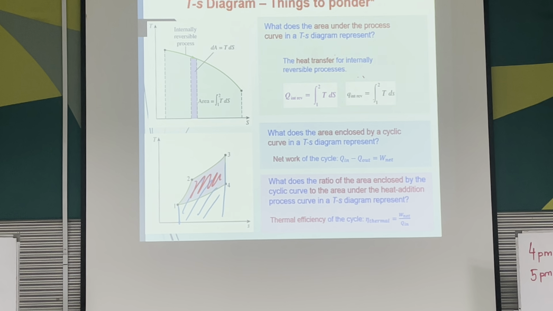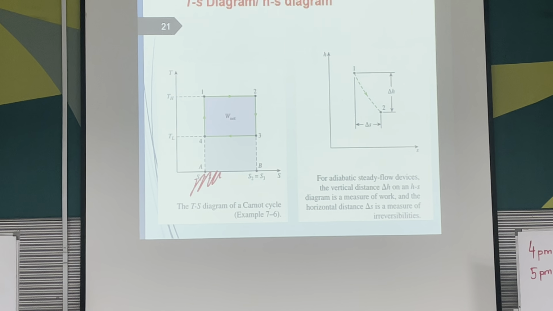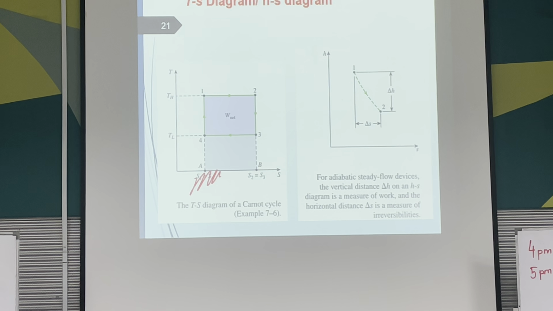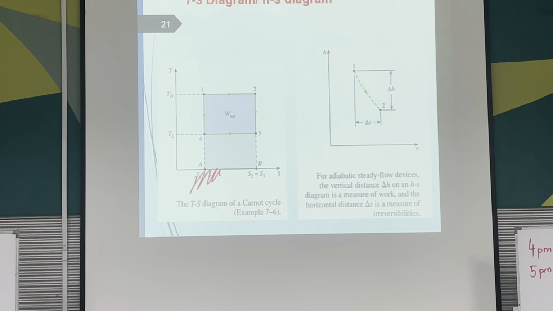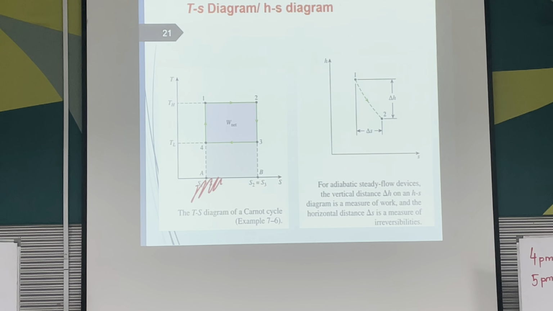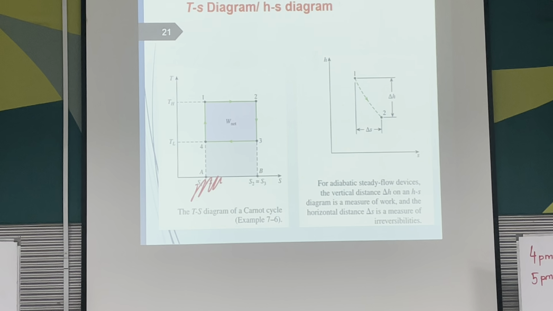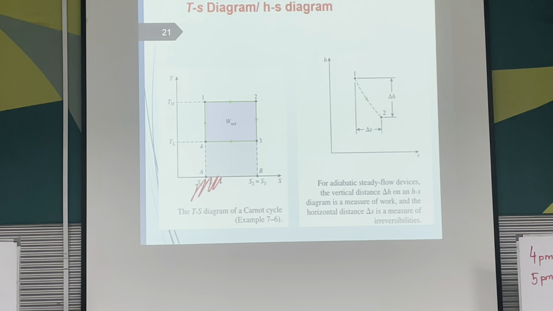So just a quick one here. Why does this carry over here? So what you see on the left here is a TS diagram for a Carnot cycle. Previously, when we were talking about this in the previous slide, it was a PV diagram. If you look at a TS diagram for a Carnot cycle, actually it's very simple.